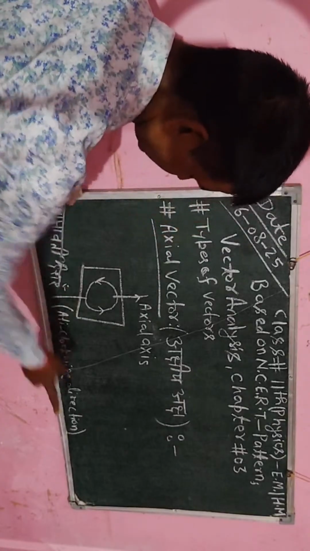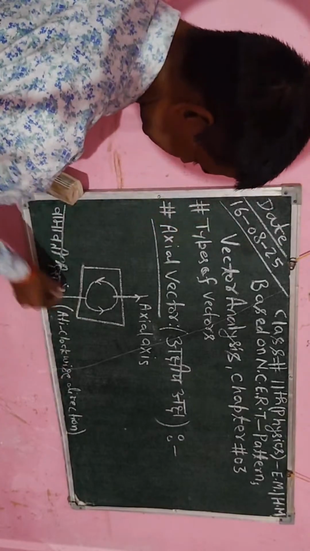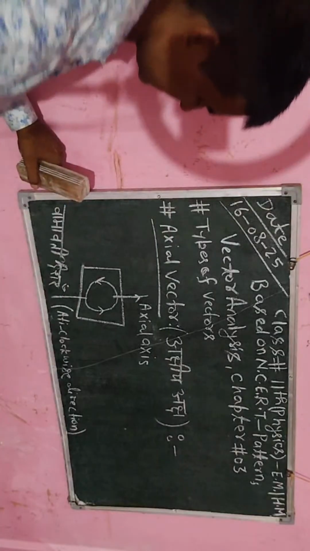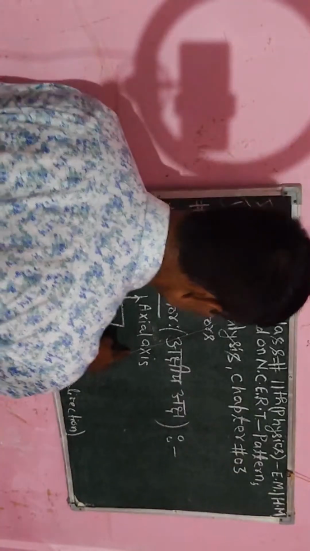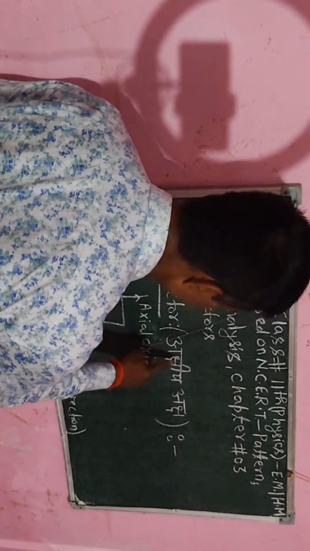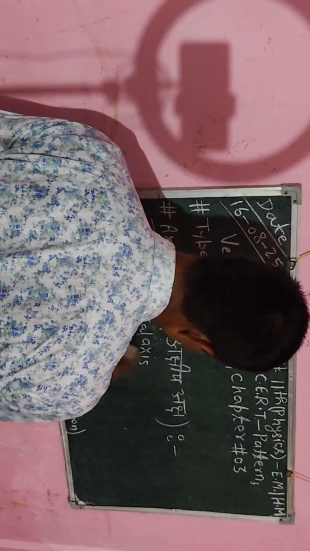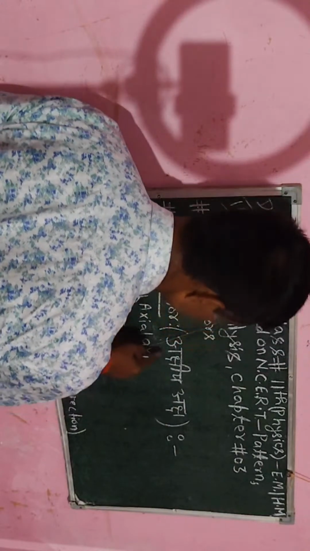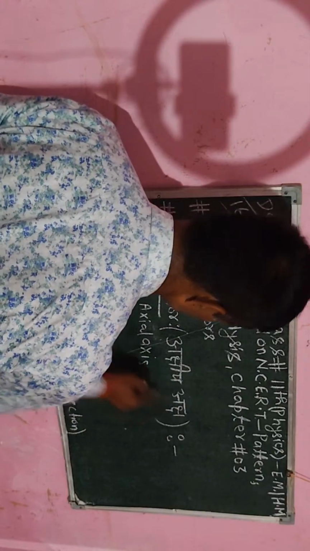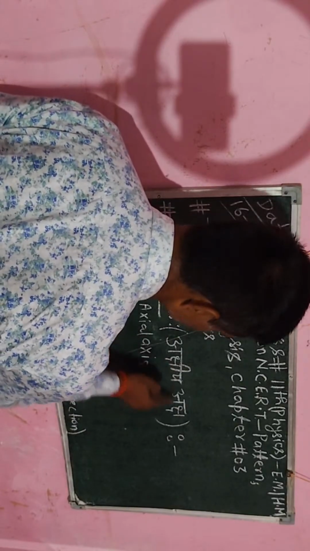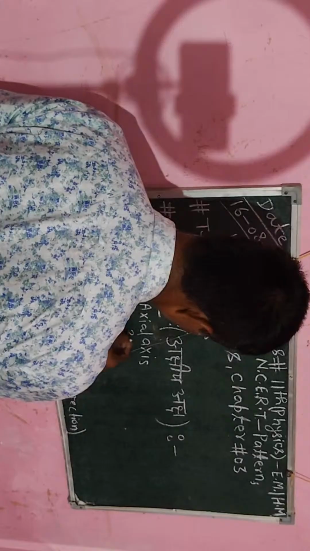So this is the anti-clockwise direction, and in Hindi it is वामवर्ती दिशा. And this is the axial axis, that is अक्षीय; axial stands for अक्षीय, axis stands for अक्ष. So I write here अक्षीय अक्ष.